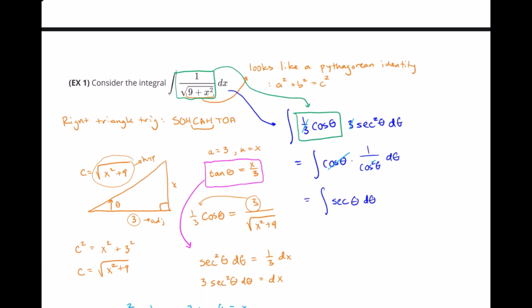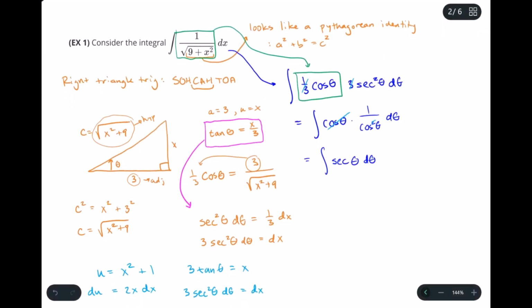Okay, if you're still with me, we're actually almost done here. To recap what I've done so far, I have used the Pythagorean identity in order to change the form of this equation into something in terms of theta rather than the variable x.